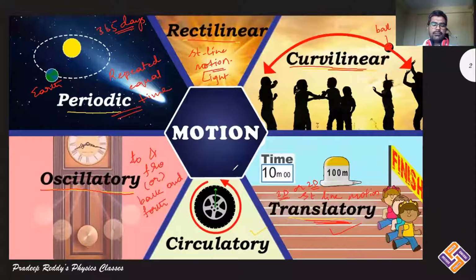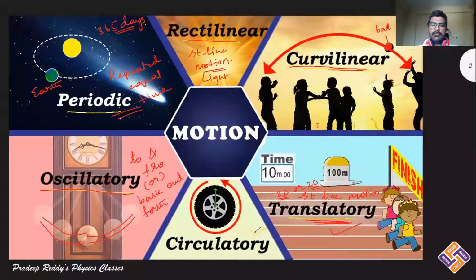In the case of a pendulum clock, the pendulum is raised up, by itself it comes down, then it goes back, and by itself again it comes back to the mean position. This to and fro motion is repeated in equal intervals of time. Such motion is said to be oscillatory motion.